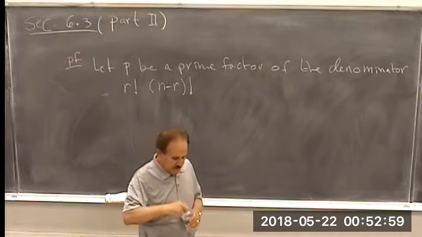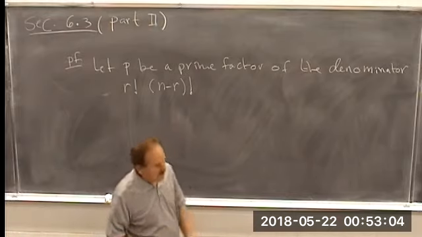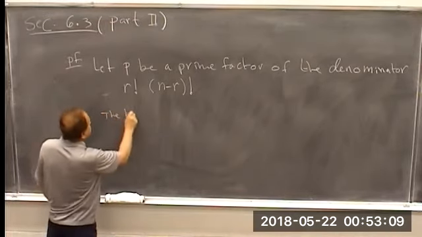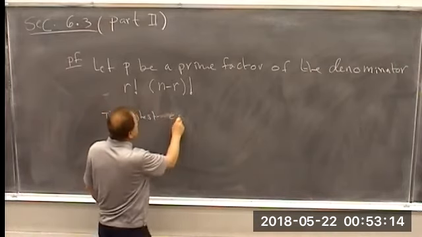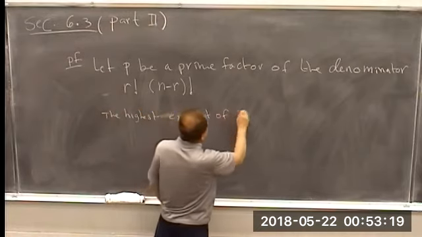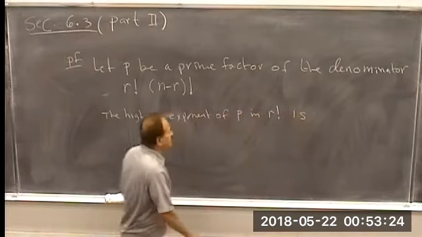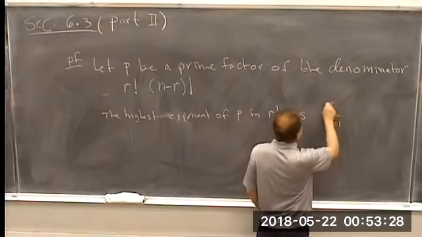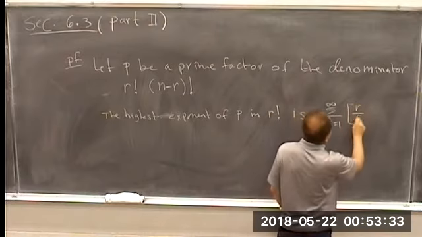And this comes from the r factorial. All right. So we're going to find individually the highest exponent of p in r factorial, which is this sum, k equal 1, I'm going to put to infinity, again, it's convenient, of the floor of r over p to the k.